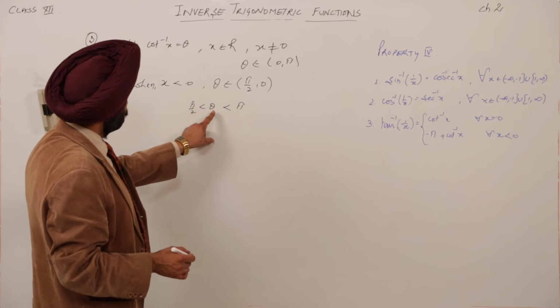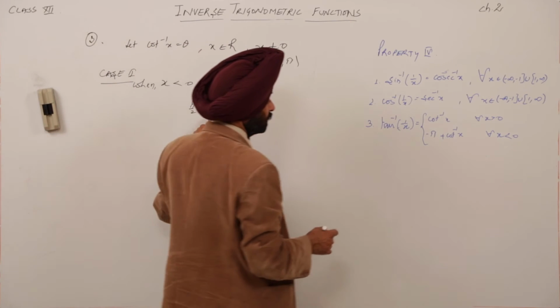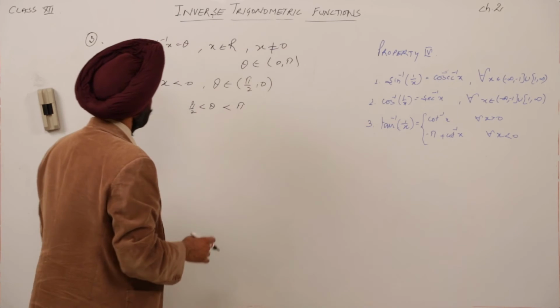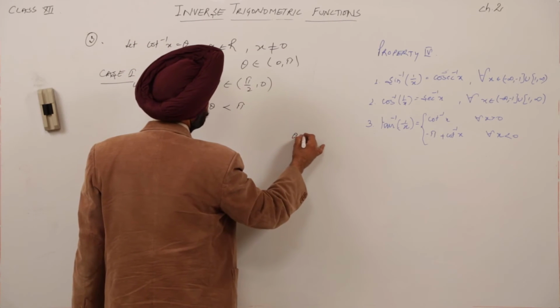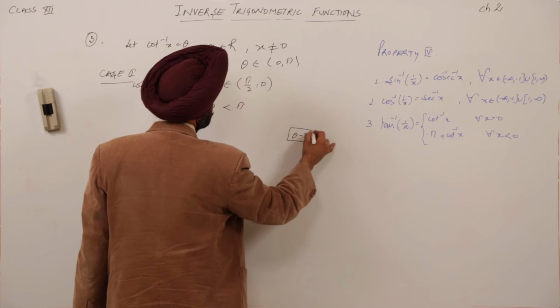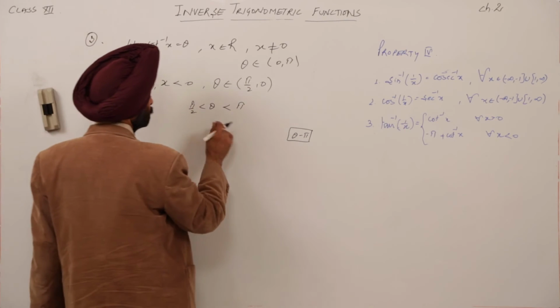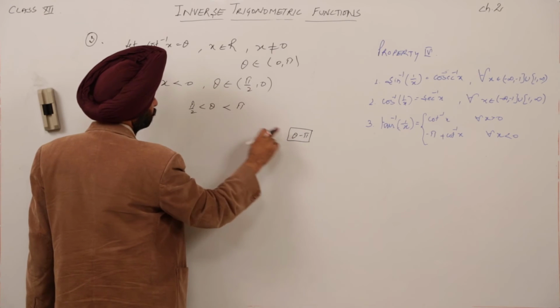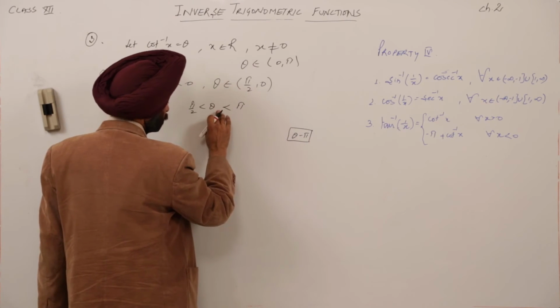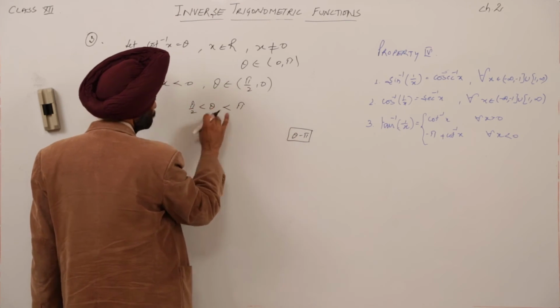Now here we want theta minus pi inside it. To get this, we should subtract pi from this part and this part.